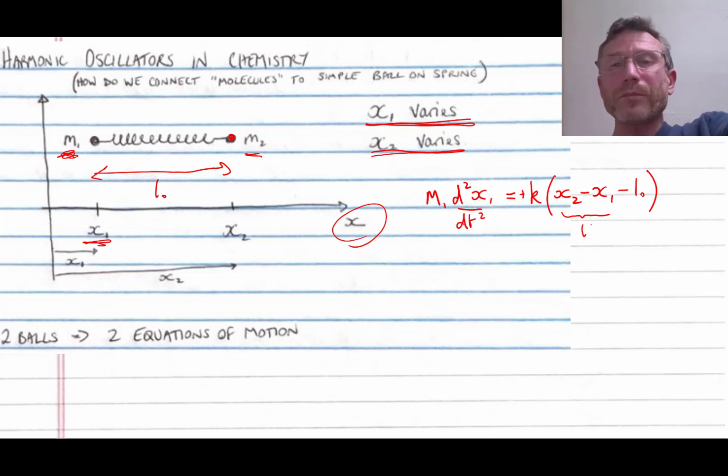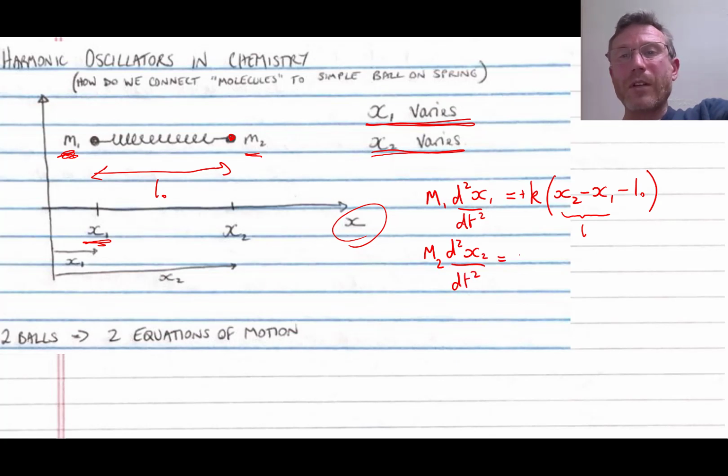previous description. What we can also say, of course, is that for mass m2, as I said, we've got two equations. That's equal to, well, it's actually going to equal minus k this time. It's minus because, don't forget, in this direction we can have a plus value. If it's in the other direction, we can have a negative value.